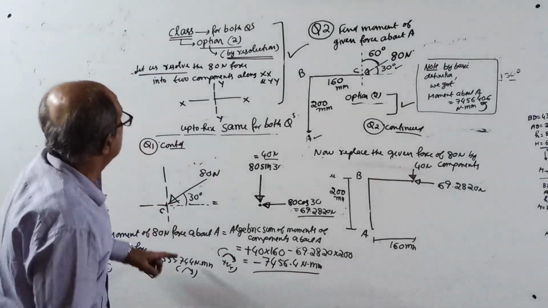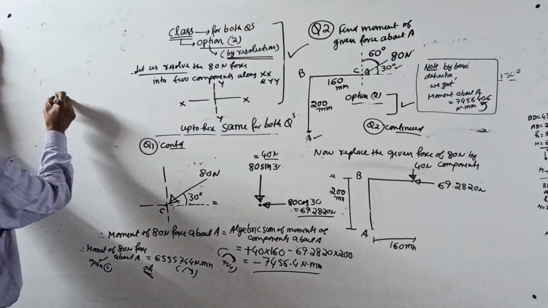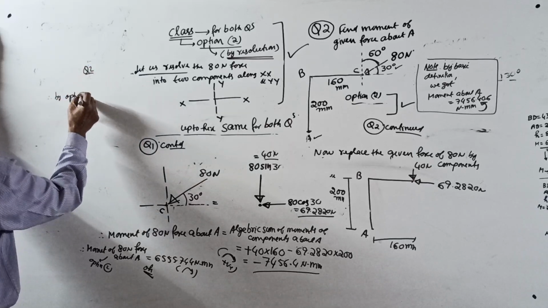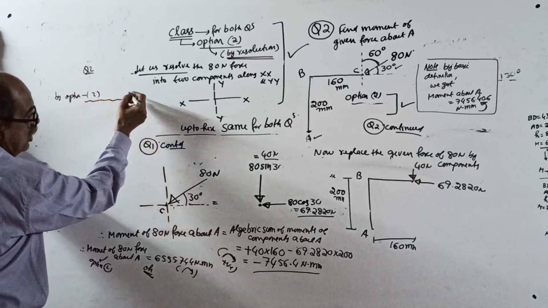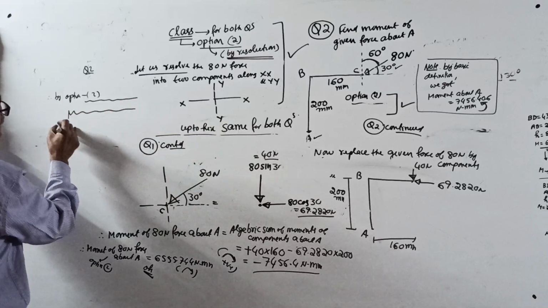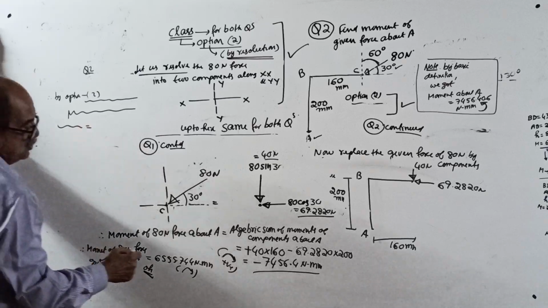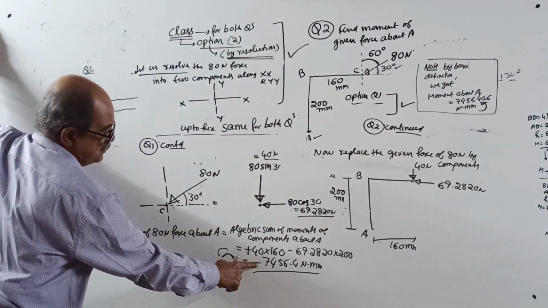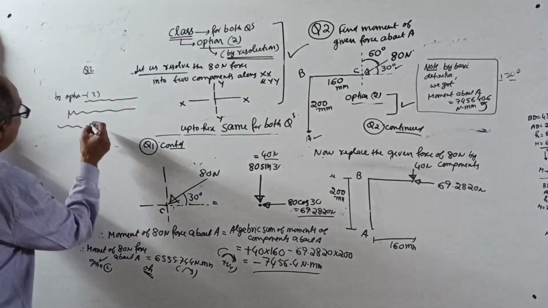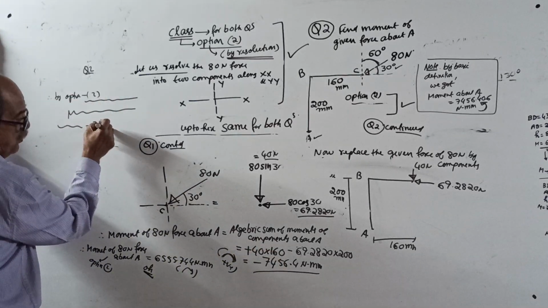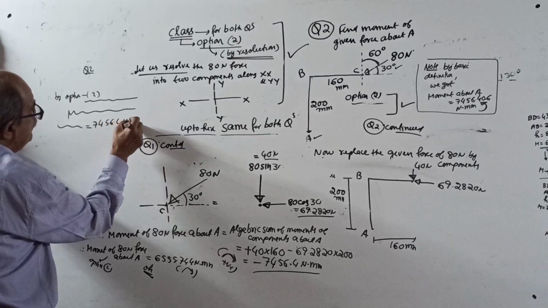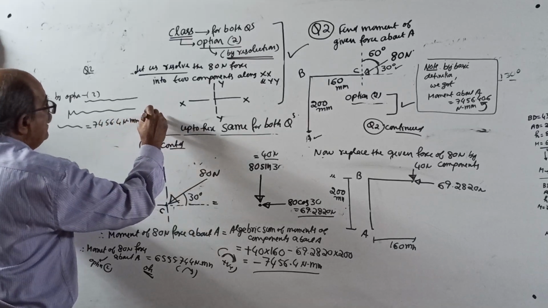Therefore, write the answer: by option 2 for question number 2, that is by resolving, the moment of the 80 Newton force about A equals minus. We took clockwise positive, so negative means 7456.4 Newton millimeter anti-clockwise is the answer.